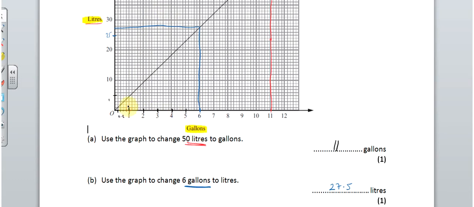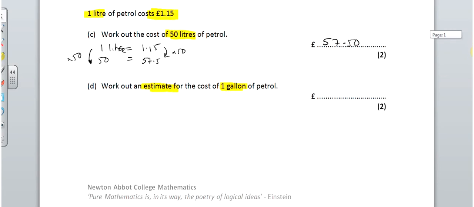Number 1, we go up here, and it goes across there, and it's again in between it. So 1, 2, 3, 4.5. So 4.5 litres. So 1 gallon is equal to 4.5 litres.